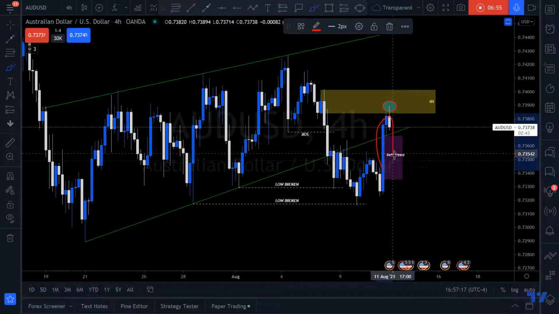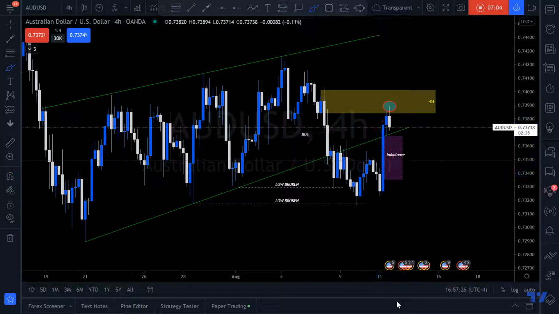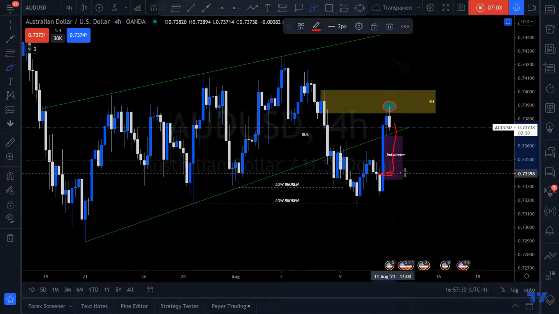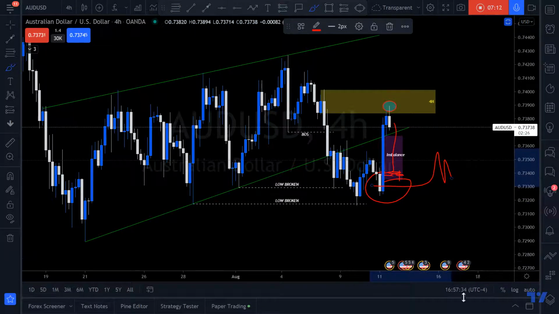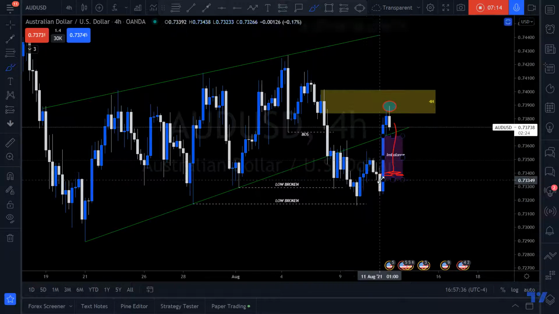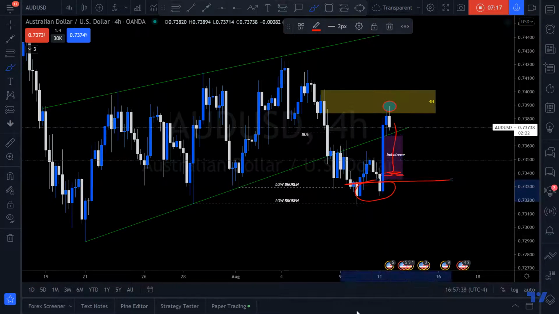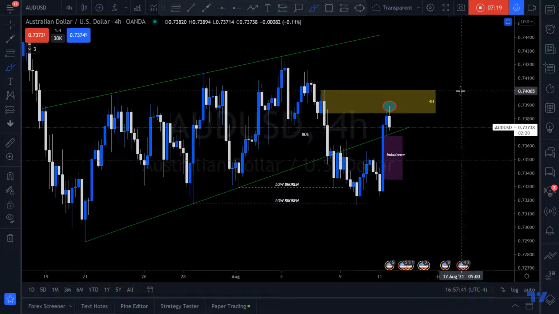Price will come back and mitigate this fair value gap, this liquidity gap, if you will. And once it does, it may come down here and test this order block, and we'll see what happens at that point, or this order block. Keep that in mind.